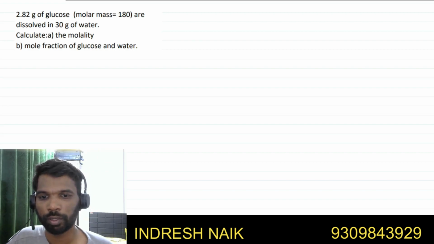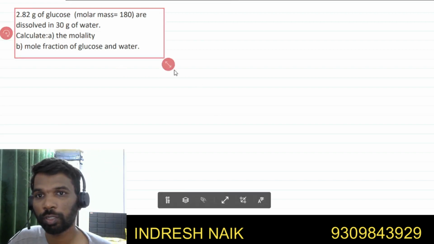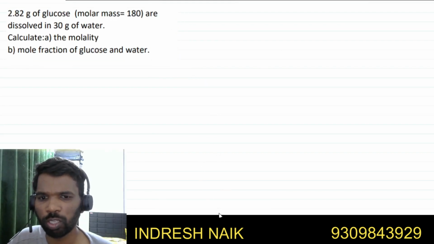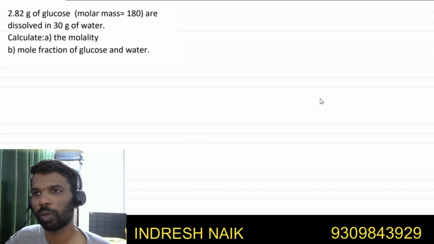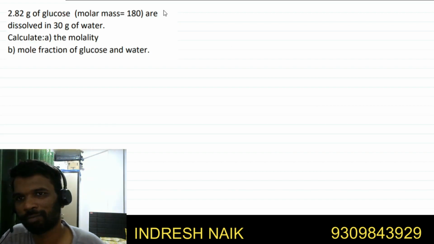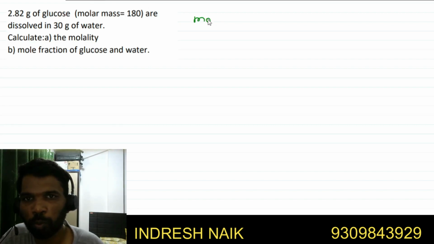Okay. The next question is about the molality and the mole fraction. We'll solve both the questions over here. 2.82 gram of glucose are dissolved in 30 gram of water, right? What is molality? Molality is represented by small m.